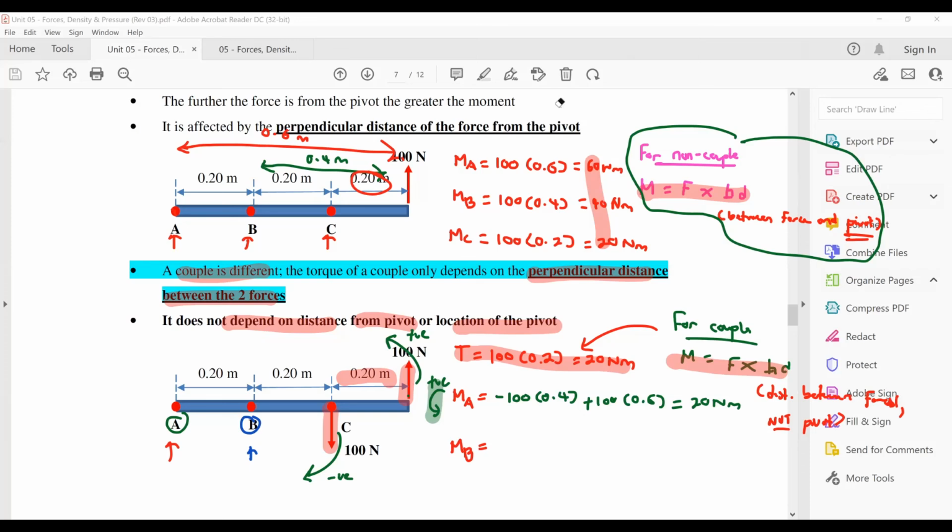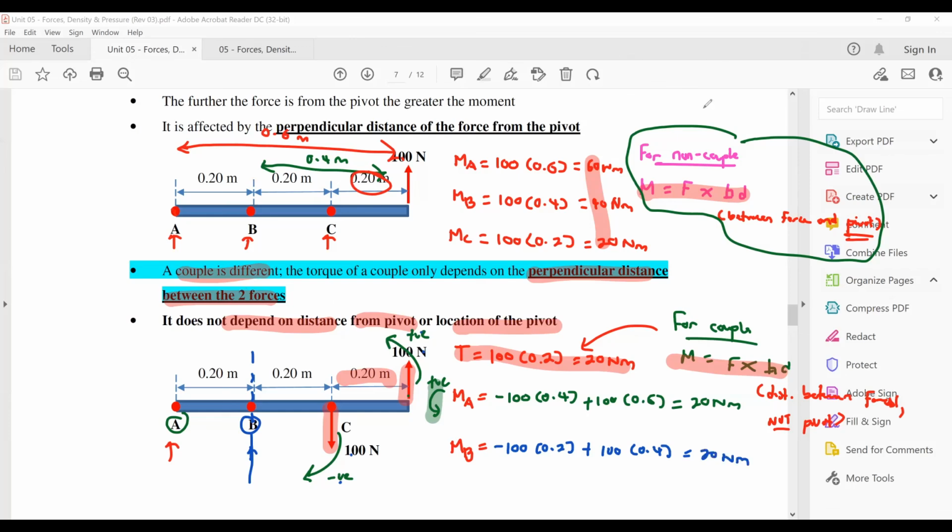I draw the line here. 100 Newton will still be negative. 100 Newton will still be positive here. So this one will be negative 100 times 0.2 plus 100 times 0.4. Again, you will get 20 Newton meter.